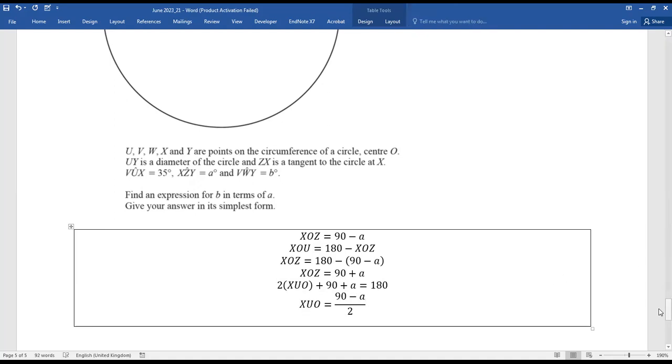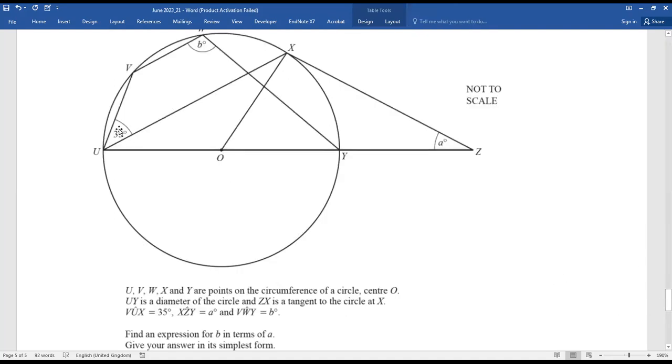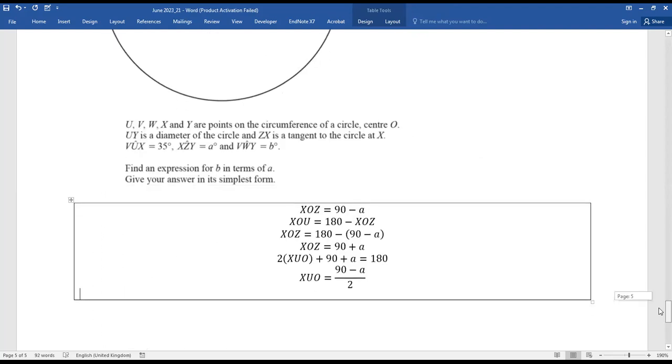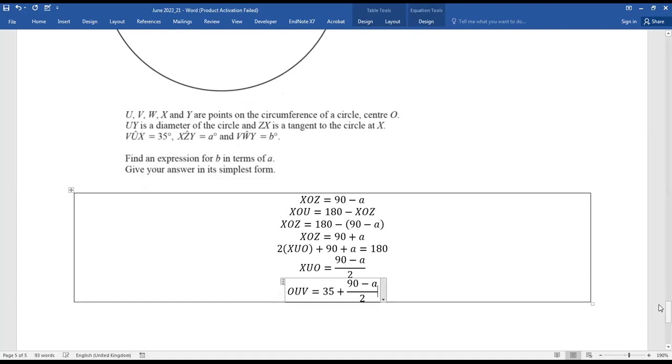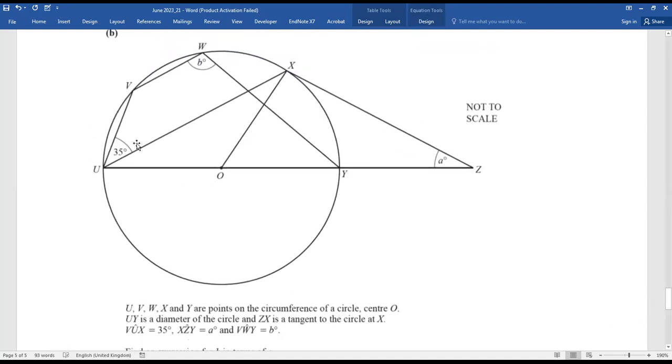Once I have XUO, I'll add 35 to get OUV. My OUV will be 35 plus (90 minus A) upon 2. And this entire angle OUV, this complete angle, is the opposite angle of the cyclic quadrilateral UVWY.